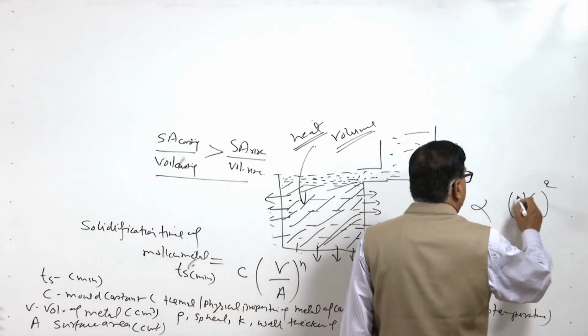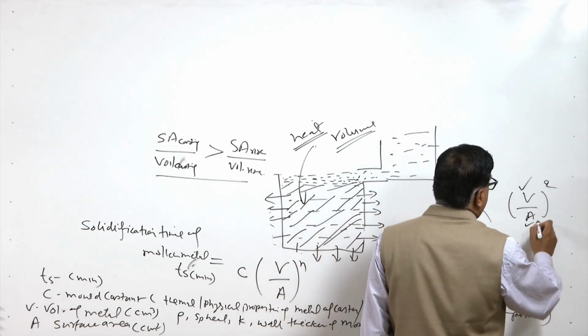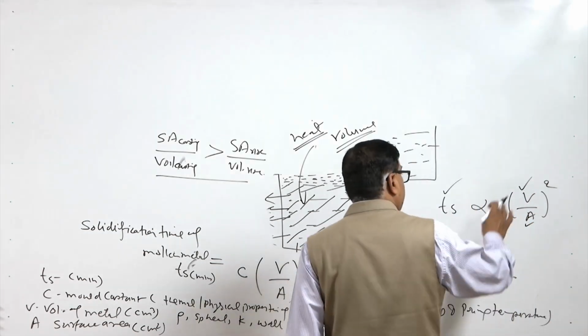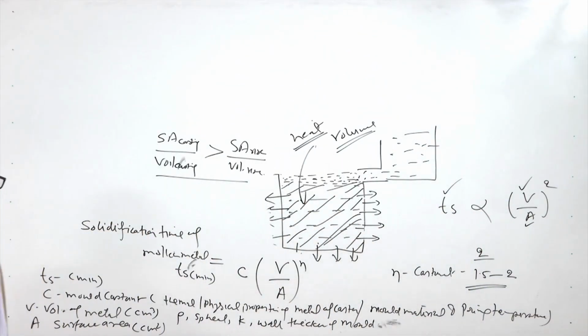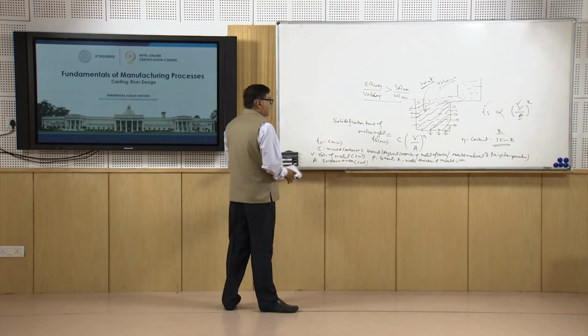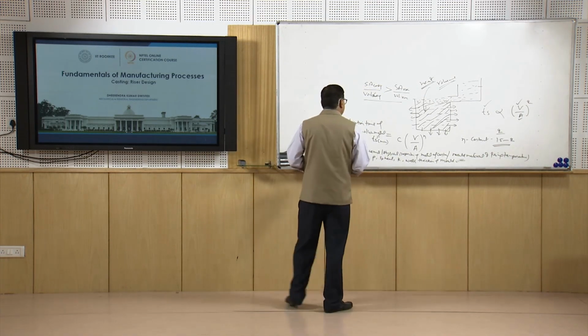So, for the larger volume the time will be more, similarly for the larger area for a given volume the time will be less. This is how the solidification time can be given, and this is one of the very commonly known equations.